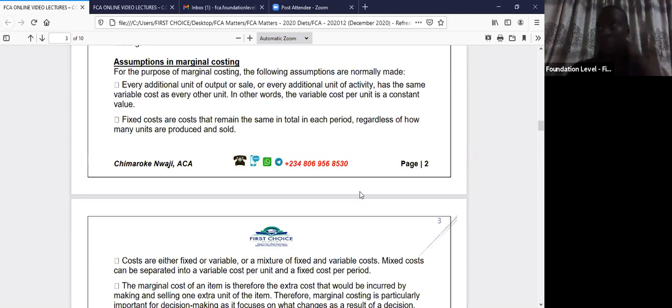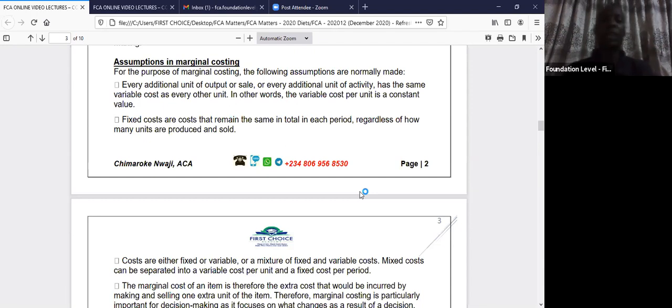Let me give you an example. You have a variable cost of making bread as 10 naira. Now you've made 100 loaves of bread. 10 times 100 becomes 1,000. If you want to make an additional loaf of bread, it's going to cost you 1,100.